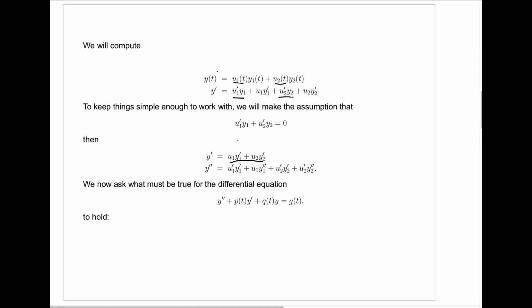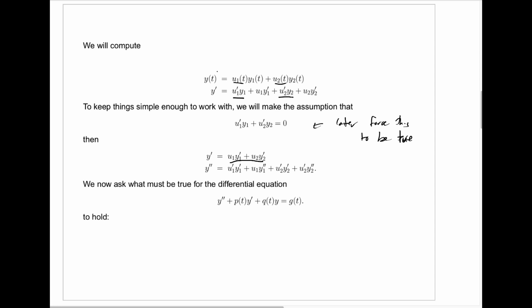When I say I'm going to make this assumption, I will later force this to be true, so that this assumption will end up being justified. So it's a simplifying assumption which we'll later force to work.